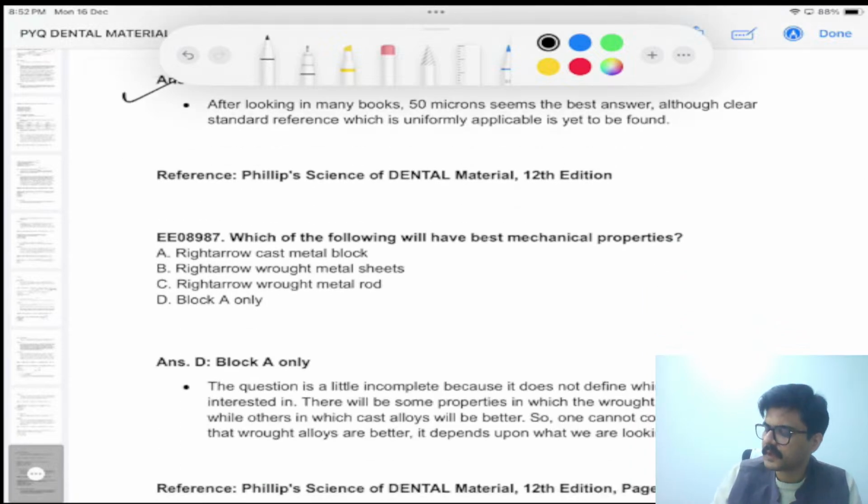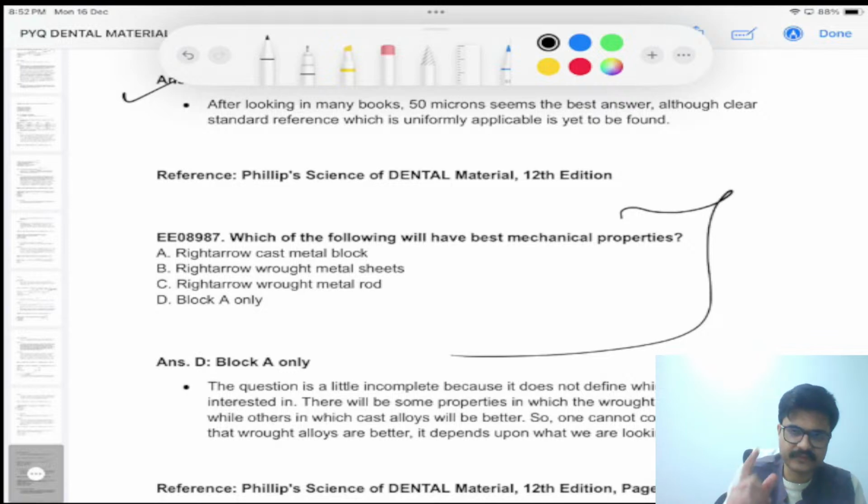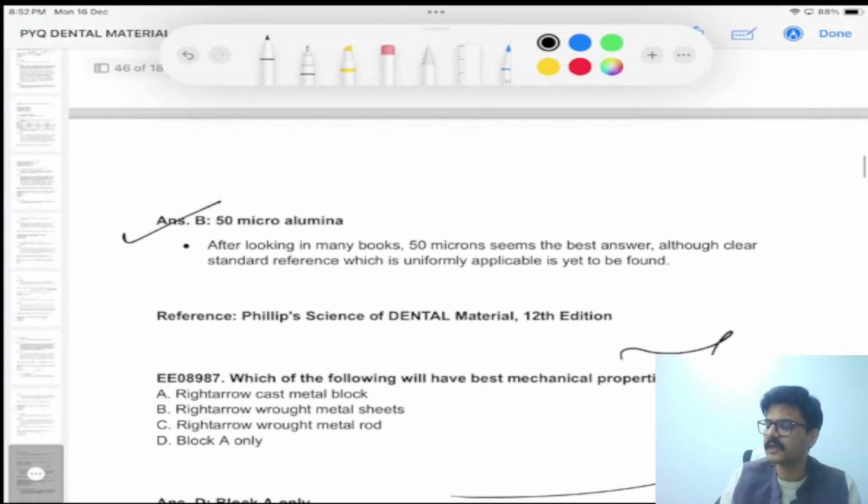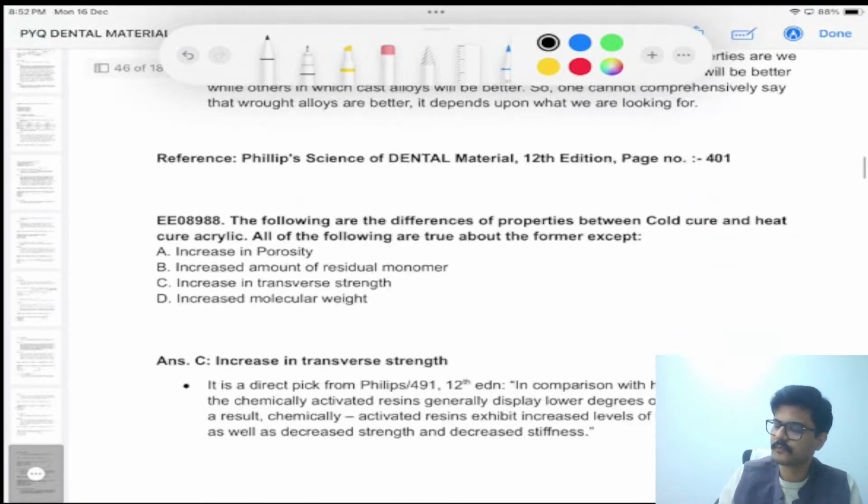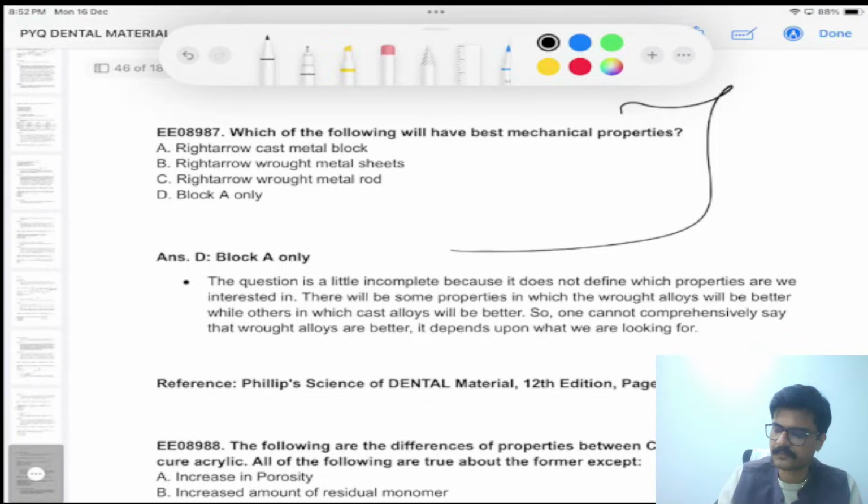Okay, now this is again a question. I'll share this. This is actually a very controversial image-based question. I'll share this in the chat box.